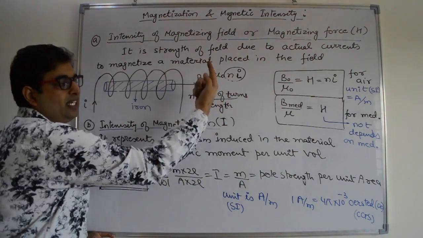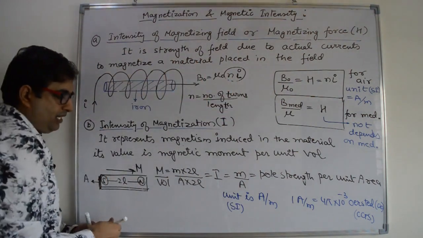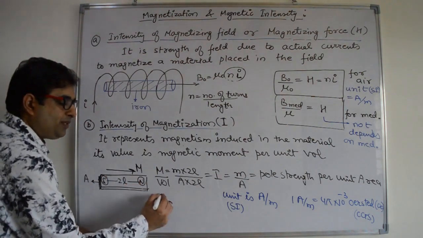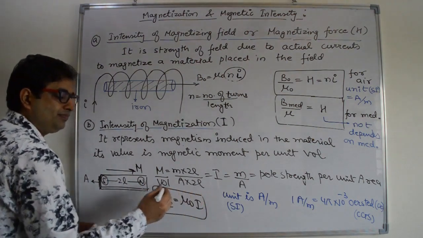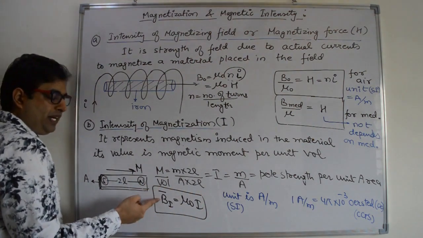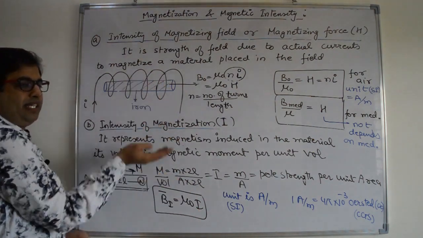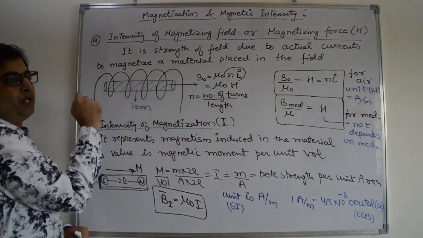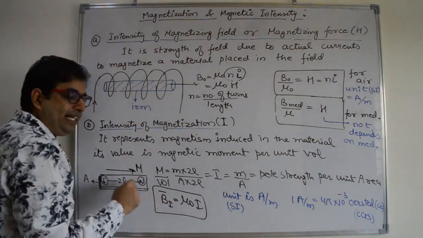H tells us the magnetic field produced by the external device. Here the induced magnetic field, the magnetic field produced by the material, is equal to mu naught into I. Both are similar things. One tells us about the external magnetic field, the other tells us about the material's magnetic field.